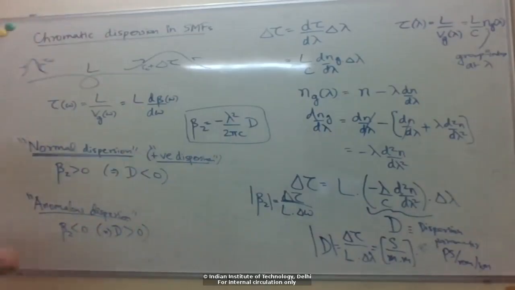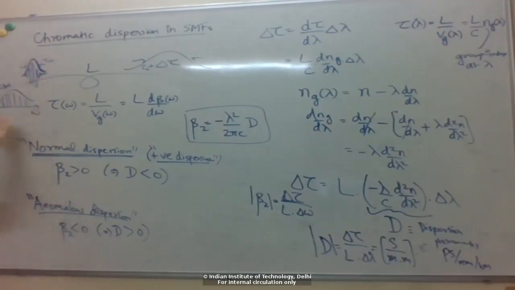Another way to think about that is, let's say I'm starting with some pulse here, imagine this pulse with some envelope and some carrier frequency. When we find the spectrum here, all these frequencies in the spectrum are launched at the same time.